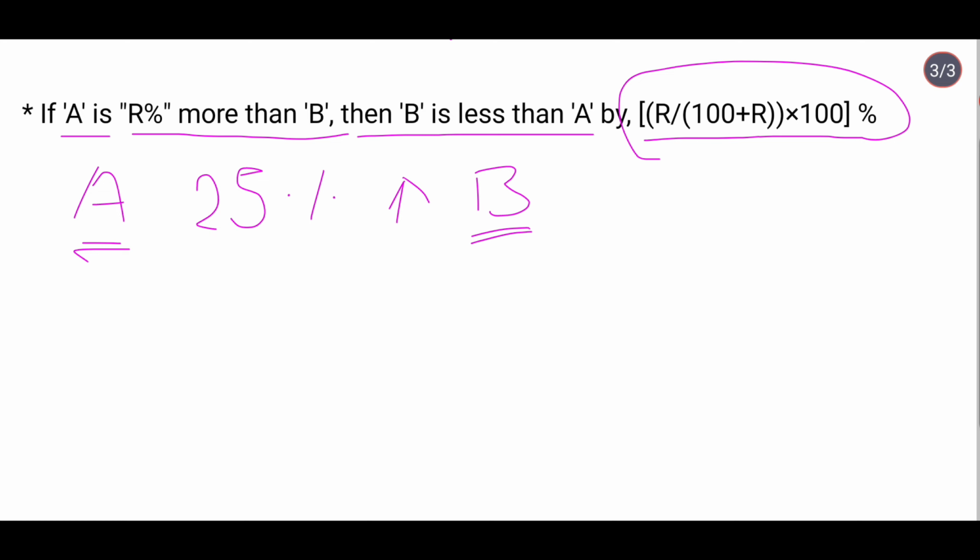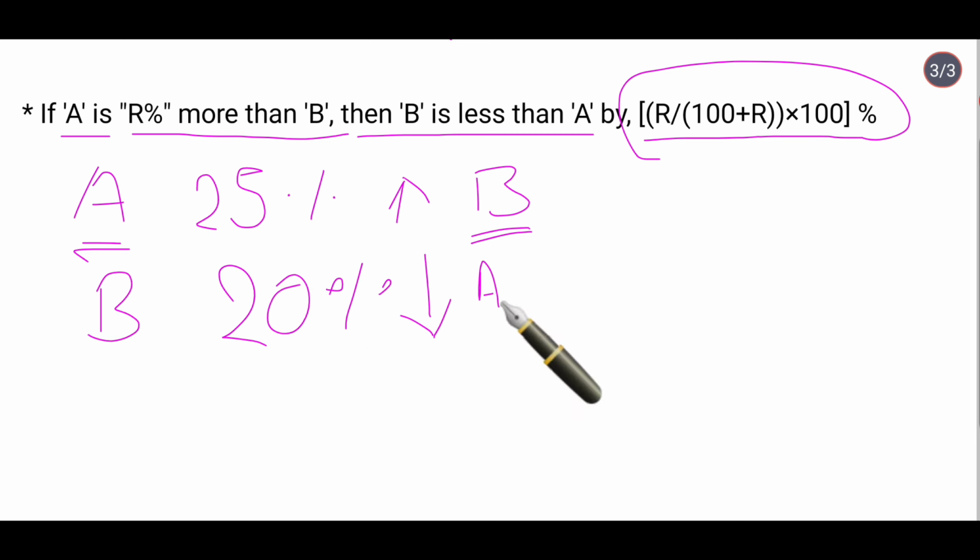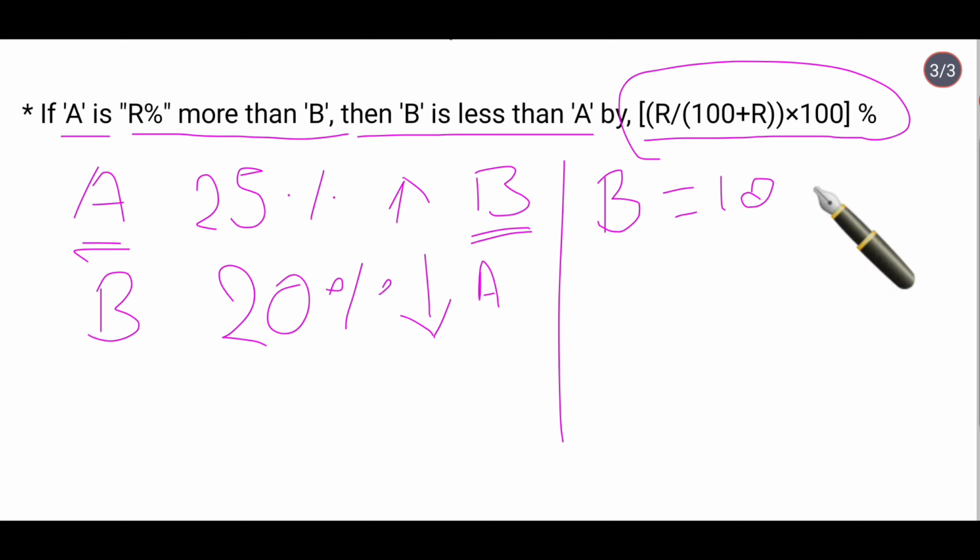Here we can conclude that A is 25% more than B and B is 20% less than A. Suppose we take the value of B as 100.